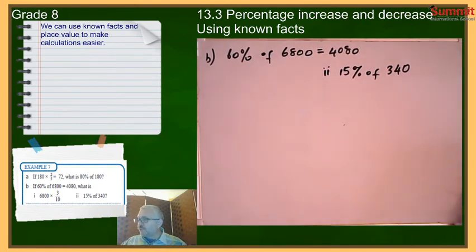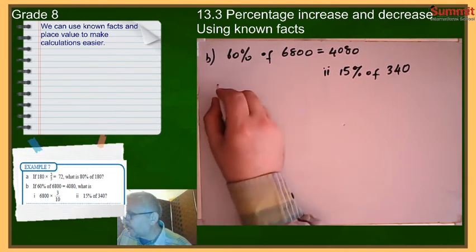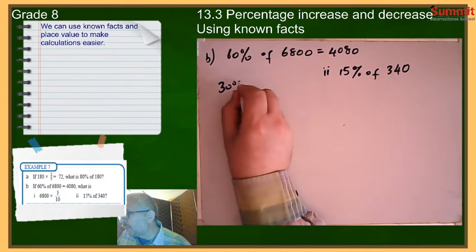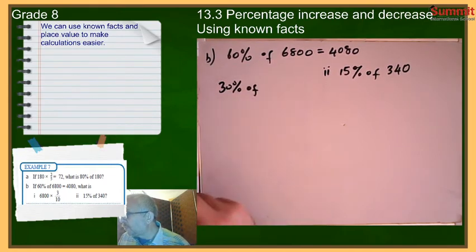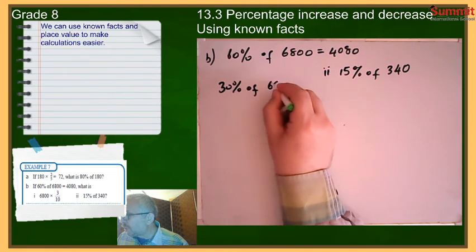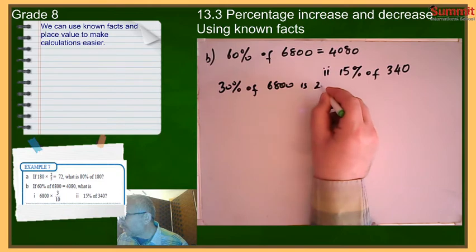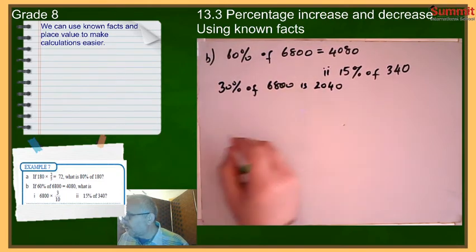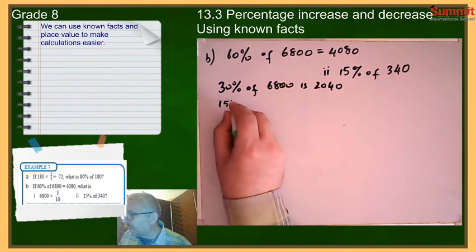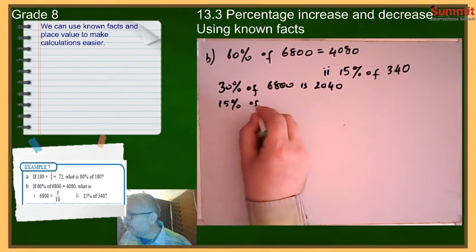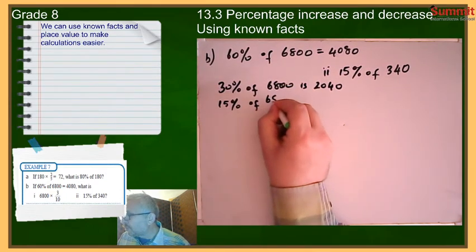Now we are going to find 15% of 340. We found 30%: 30% of 6,800 was 2,040. Now we are going to find 15% of 6,800.